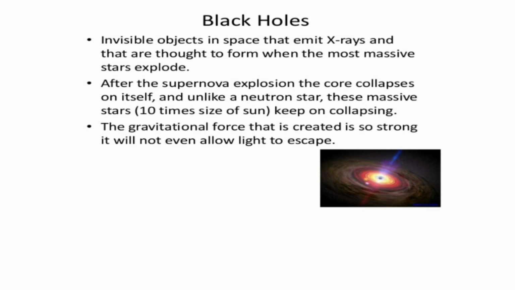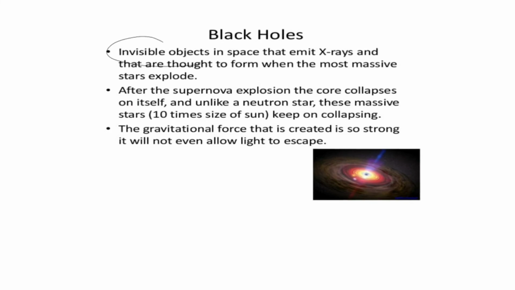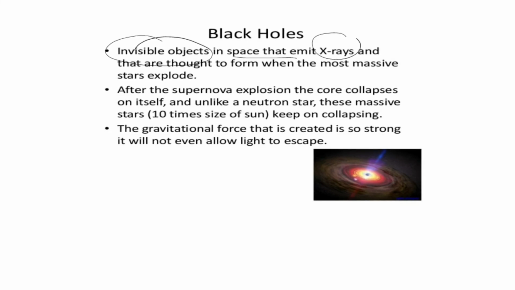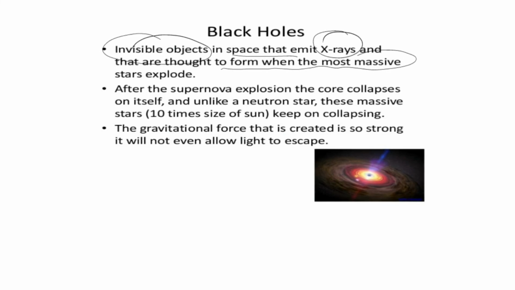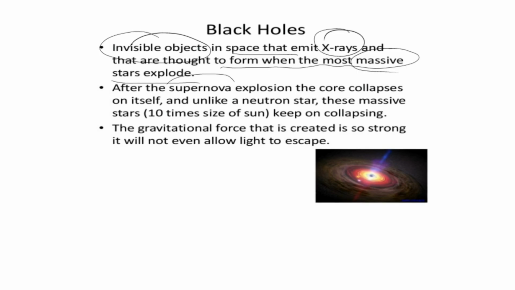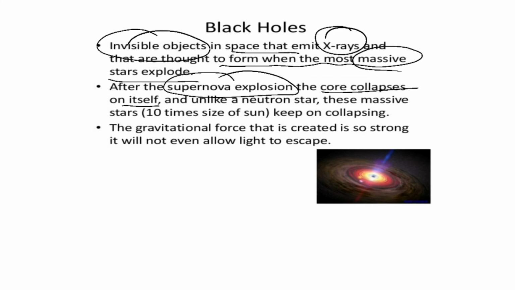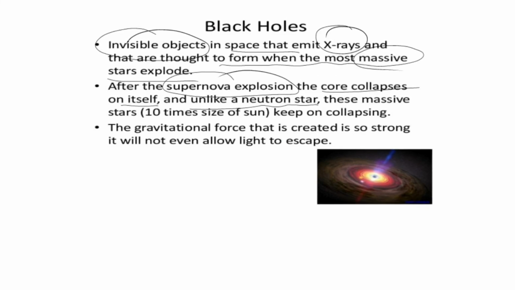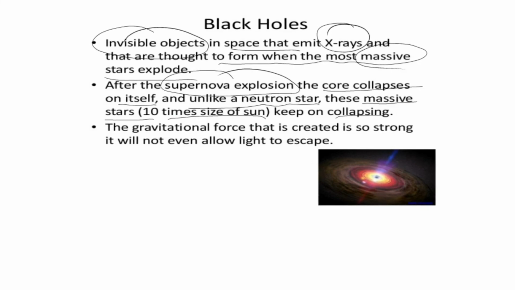Then, there's the black hole. A black hole is an invisible object in space that emits X-rays, and it forms when the most massive stars explode. After the supernova explosion, its core collapses in on itself. Unlike a neutron star, a massive star about 10 times the size of the sun keeps on collapsing.